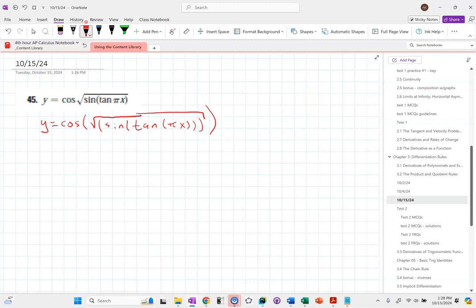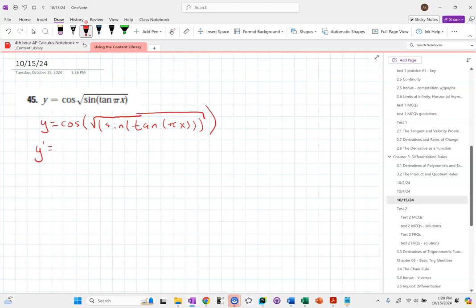So the outermost is cosine, and then the square root, and then sine, and then tangent, and then pi x. So there's a whole heap of layers through this. So we'll start with the first layer.